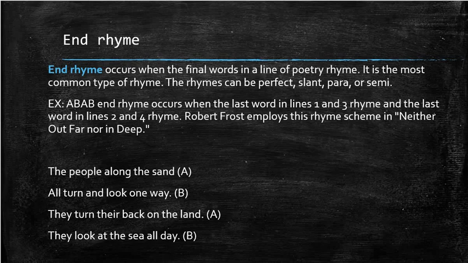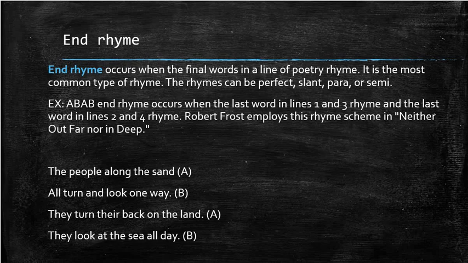As in these verses: the people along the sand all turn and look one way. They turn their back on the land. They look at the sea all day. So we have the words sand and land rhymed together, way and day.